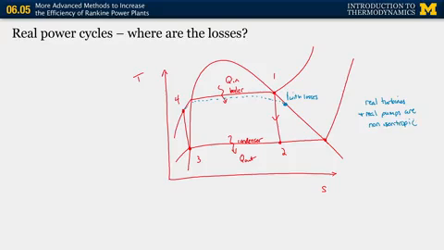And in fact, the second law states we have to increase entropy generation with each of those steps, which tells us that the actual exit state is here. So we'll call this 2 actual for the turbine. And this would be 2 isentropic.